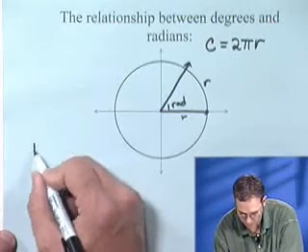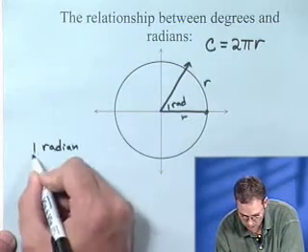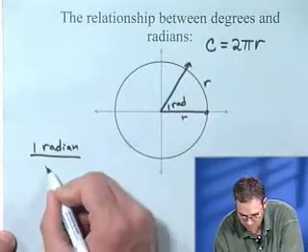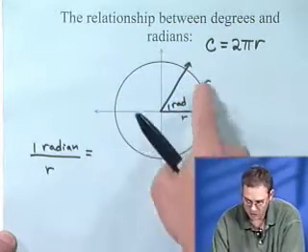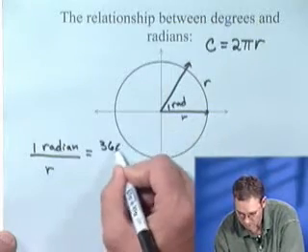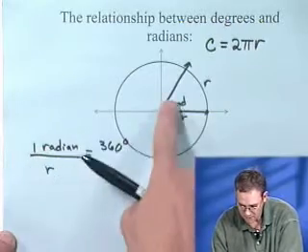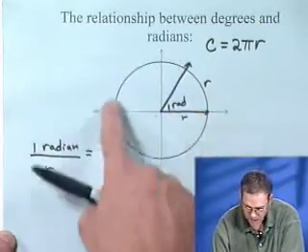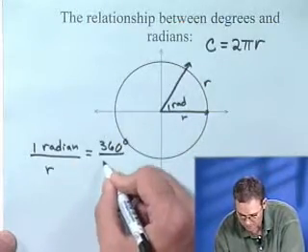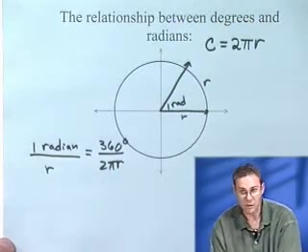So I can come up with this little formula here. I have 1 radian is to r, a length of r, as, well, how many degrees are there in a circle? We know that there's 360 degrees. So one angle of 1 radian is to r, as 360 degrees is to the total length around the circle, which is 2 pi r. So I've set up this little proportion here.